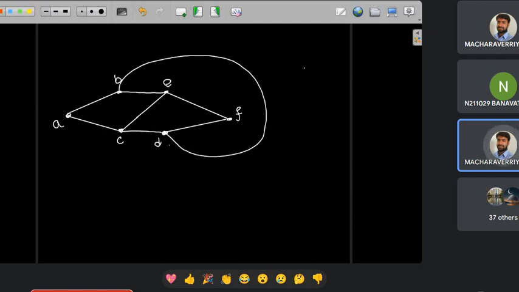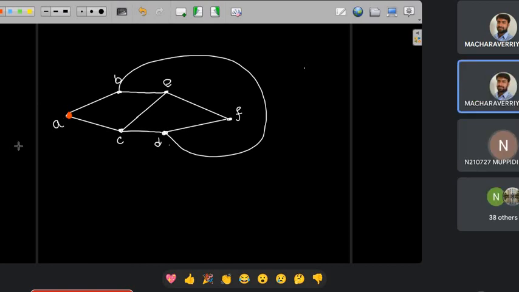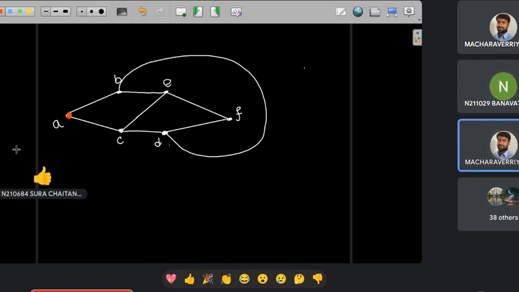Okay, let us start assigning colors. I'm not finding any three vertices which are mutually adjacent to each other, right? So let me assign red here, then I will go with blue, and this I must go with blue.